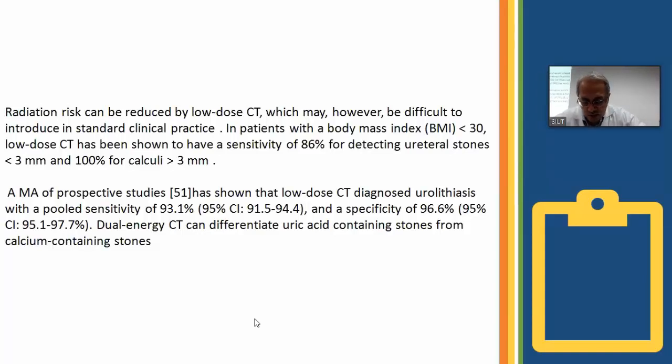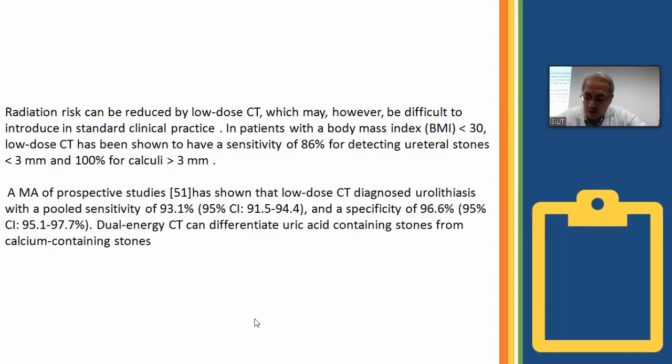For instance, what I want to stress at this point is that the dose of radiation involved in non-contrast CT can be the same for a lot of people, but you can vary it according to the physiological condition of the patient and according to BMI.